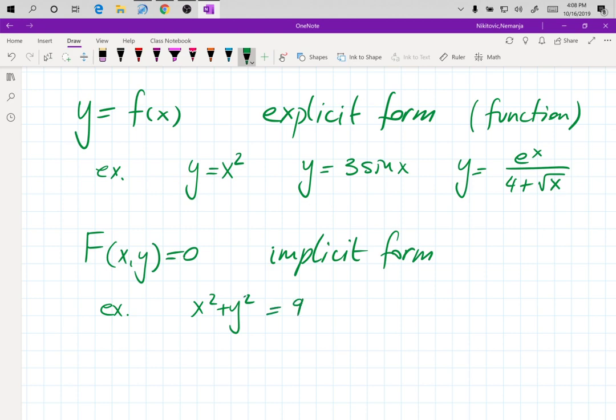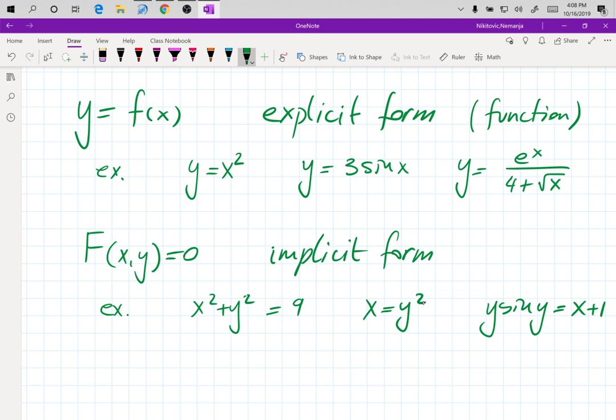This is a circle, and the circle is not a function. You also have x equals y squared, right? That's a sideways parabola. Also cannot isolate. Or y sine y equals x plus 1, whatever.